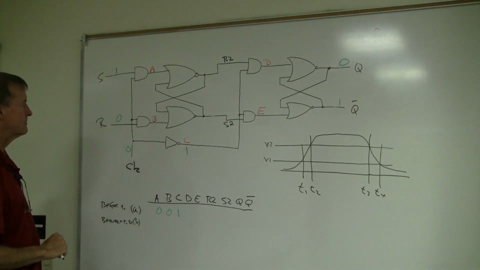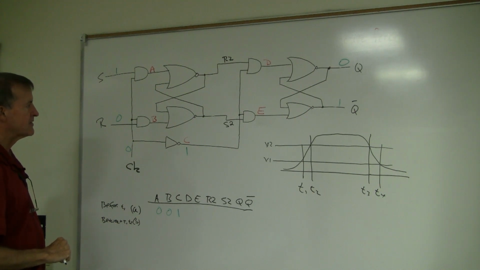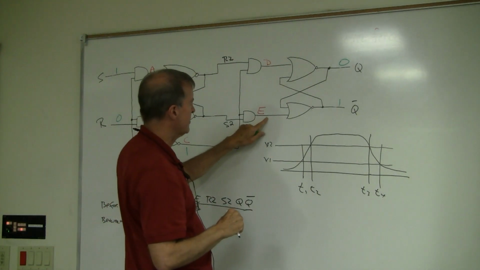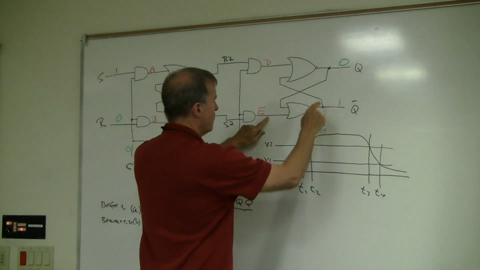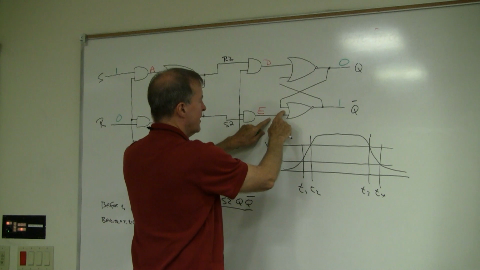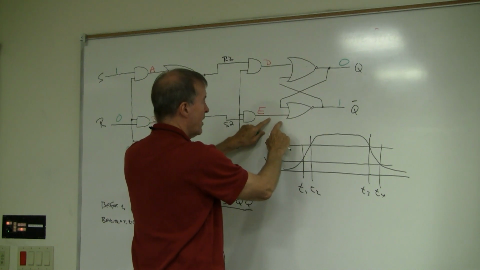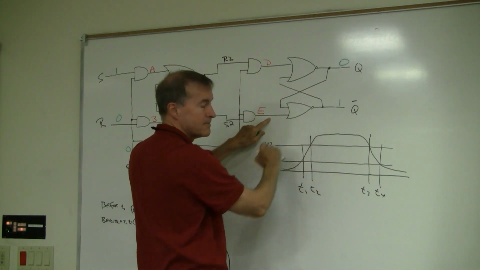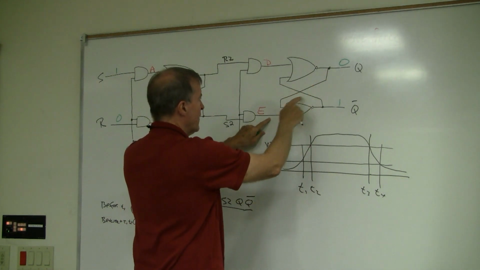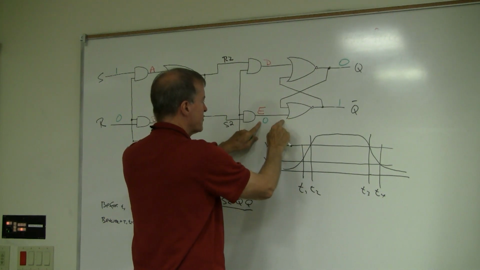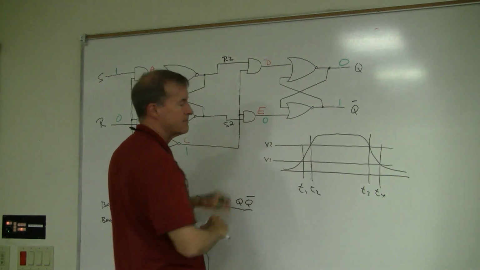So far, so good? Now what about D and E? So let's figure out now what the signal at point E would be. Well, we have a 0 coming in here, right? So if E were a 1, it would be 0 or 1, inverted would be 0, but it's not, it's 1, right? So if we have a 0 coming in here, this has to be 0, because 0 or 0 is 0, inverted is 1.